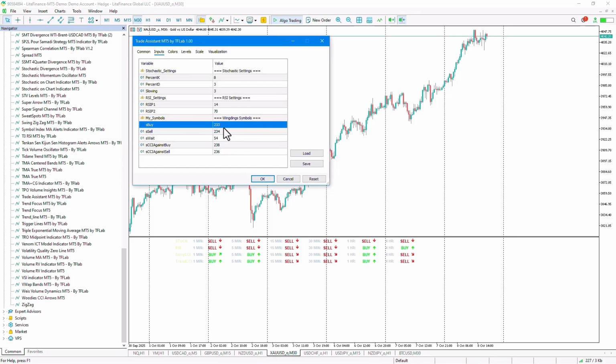Within the initial input field, you can define the marker that will represent buy signals, the marker designated for sell signals, the marker indicating a waiting status or a market condition without an active signal, and finally, in the last 2 input fields, you can modify the status of CCI signals that are contrary to buy signals and CCI signals that are contrary to sell signals, all based upon the MQL codes provided here, and subsequently, you can set your preferred markers within this section.